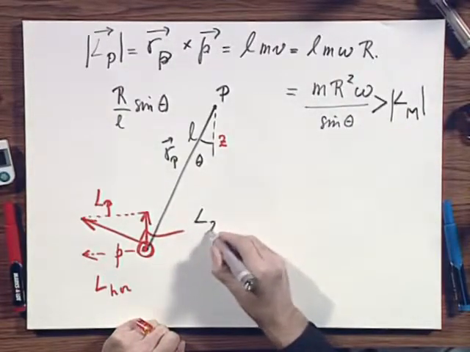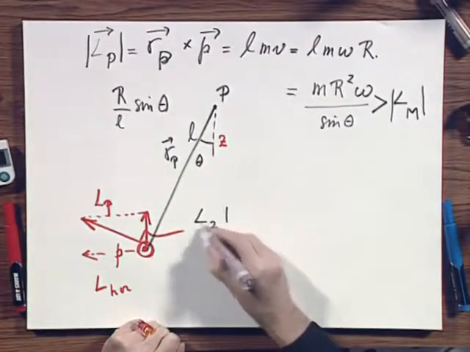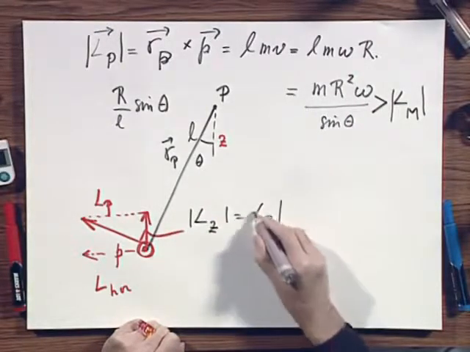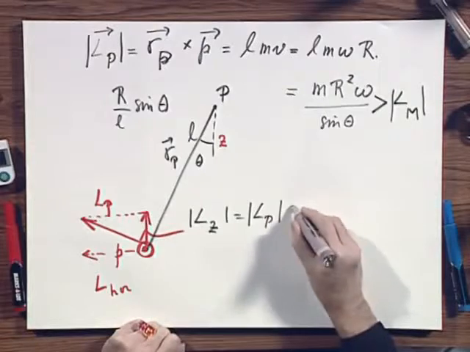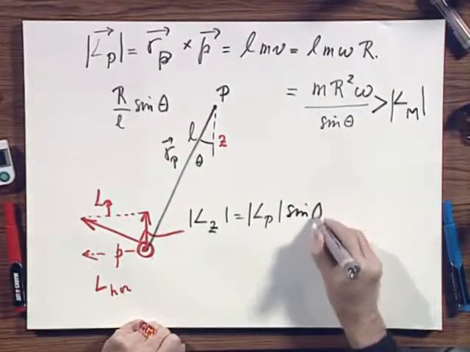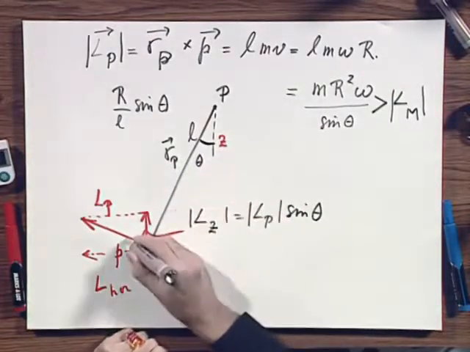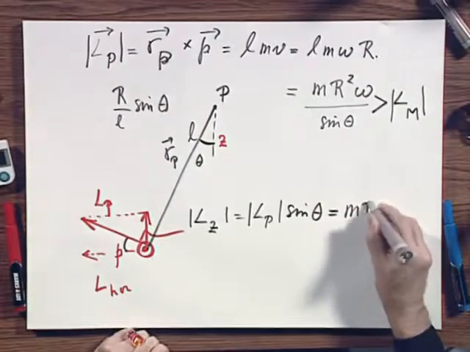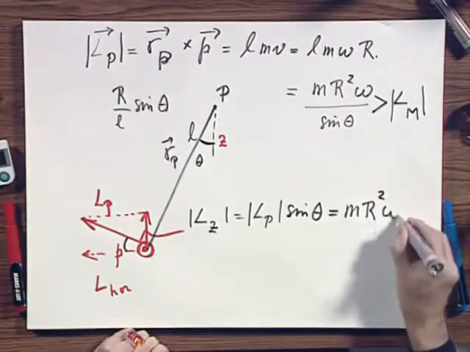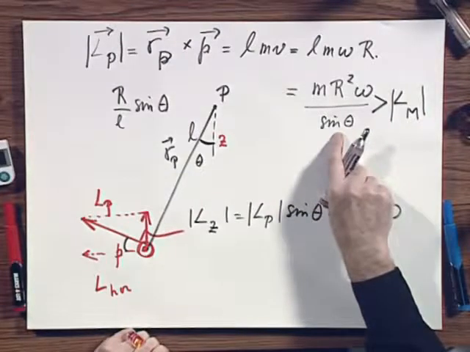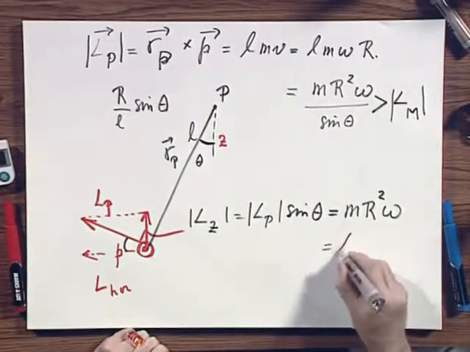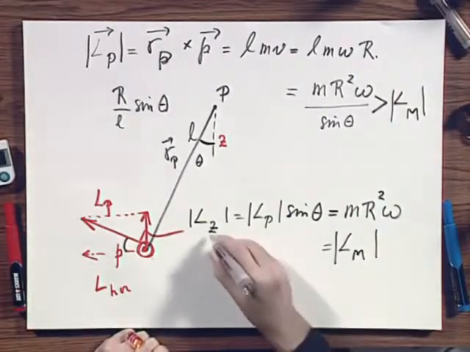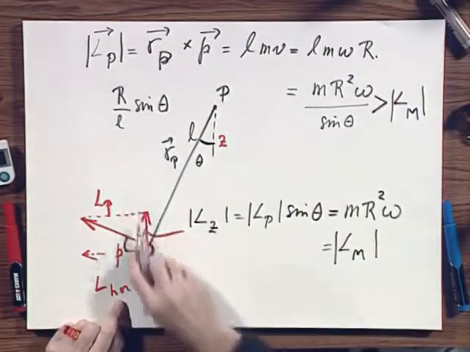Because Lz, I'll look at the magnitude now, equals the magnitude of Lp times the sine of theta. That's immediately obvious because when this is theta, this is theta. And that again is m r squared times omega. You lose this sine of theta. And so that is the same as L relative to point M. That's the z component. It's pointing up.